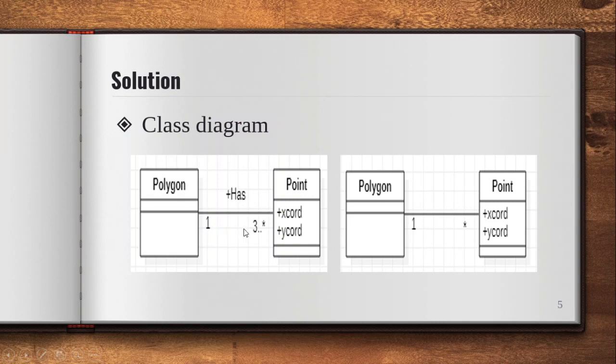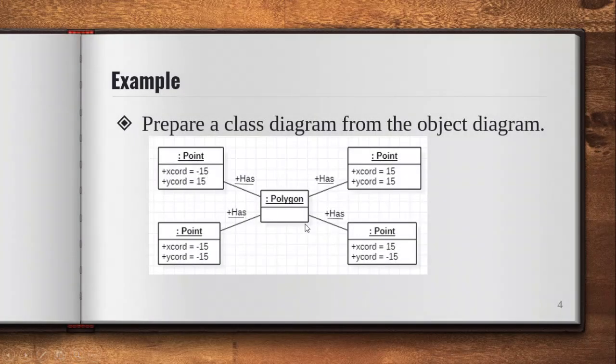Based on our mathematical understanding I used multiplicity here because one polygon requires a minimum of 3 points for making the polygon. So at least 3 points are required for making a polygon, and based on that we use the cardinality as 1 to 3 as to many. In the same diagram, instead of 3 as to many, we can use a star. Both of these are possible solutions for this object diagram.